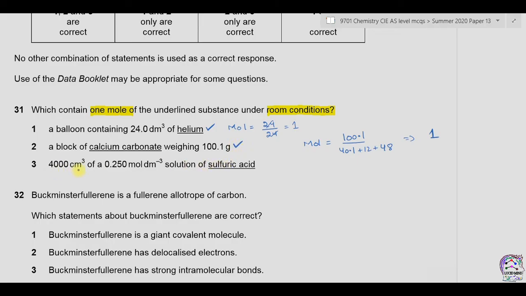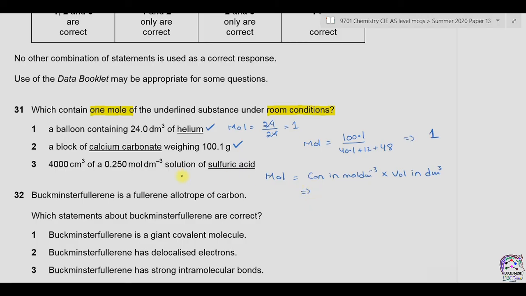Third is 4000 centimeter cube of a 0.250 mole per decimeter cube solution of sulfuric acid. Now for concentration we can use the formula moles is equal to concentration in mole per decimeter cube into volume in decimeter cube.